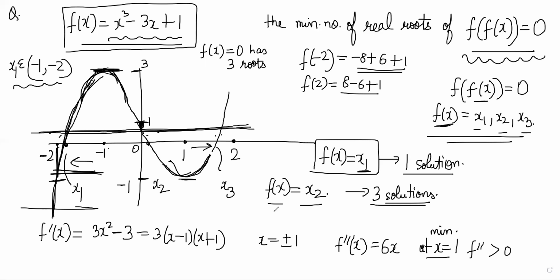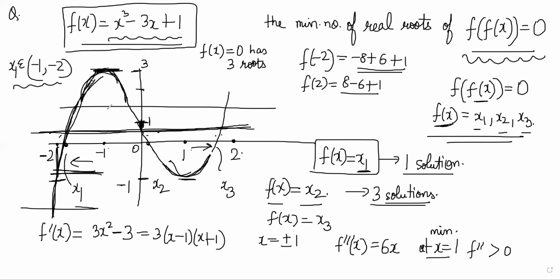Right. And f of x is equal to x3. x3 is between 1 and 2, so above 1 and lower than 2, right? So again, 3 lines will cut, 3 solutions.